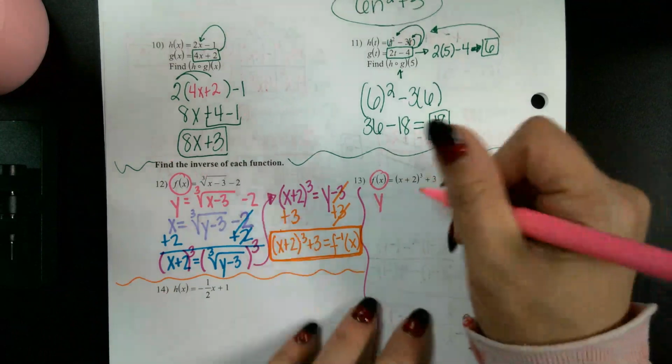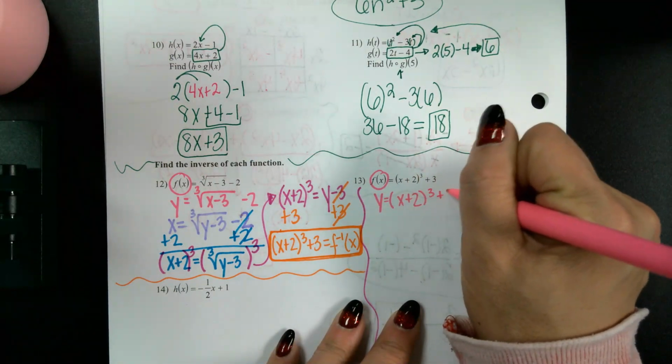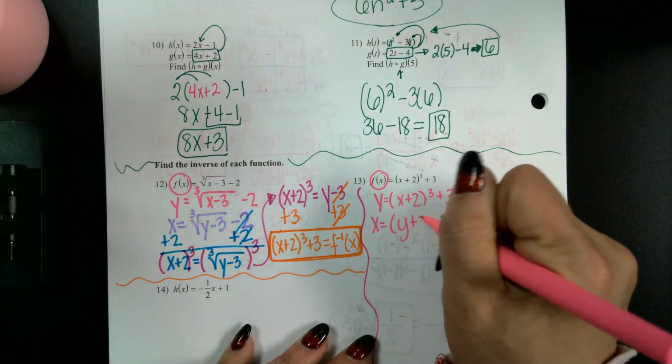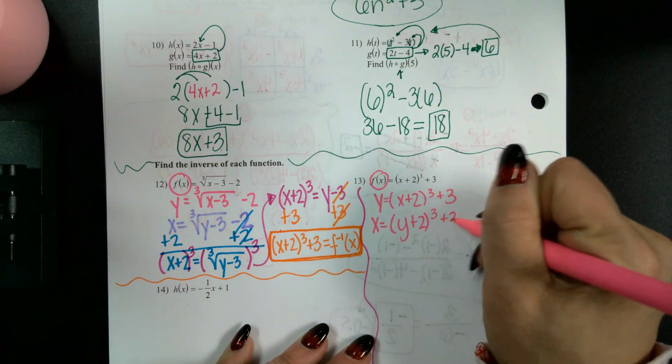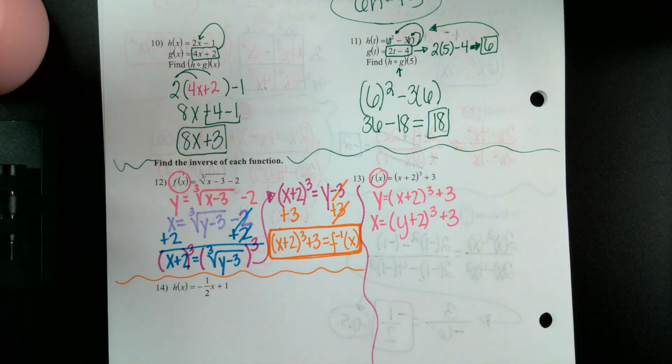So this one I would start with y equals x plus 2 to the 3rd plus 3. Then I'm going to trade x and y. And then you guys are going to have to tell me what to do to get y by itself. So I'll just wait for you guys to give me my steps. I already did that.